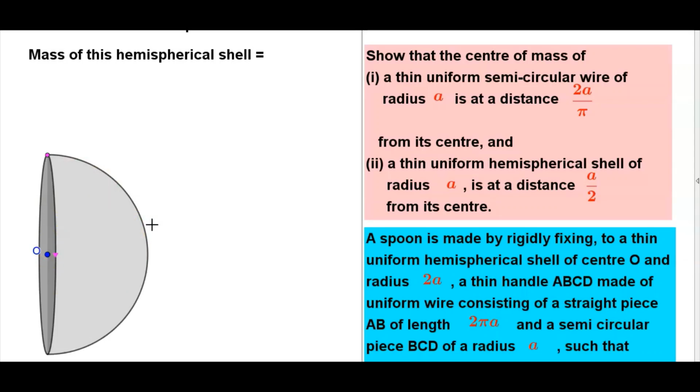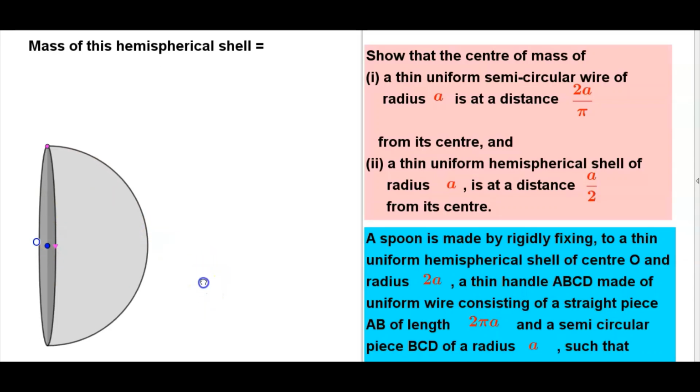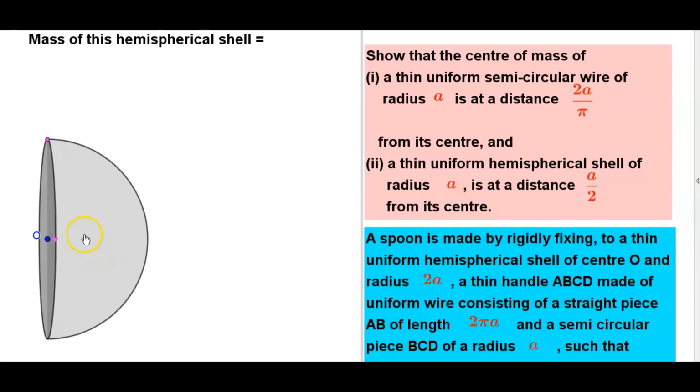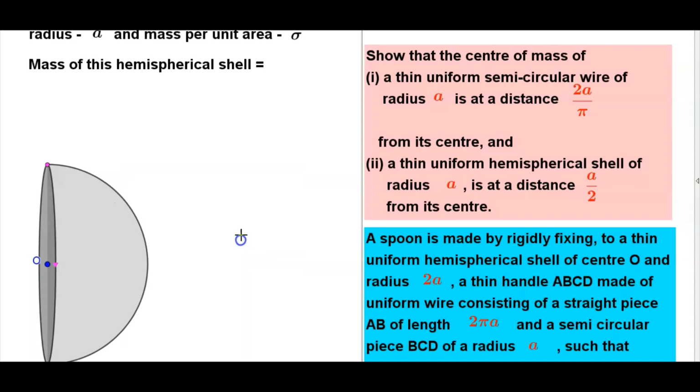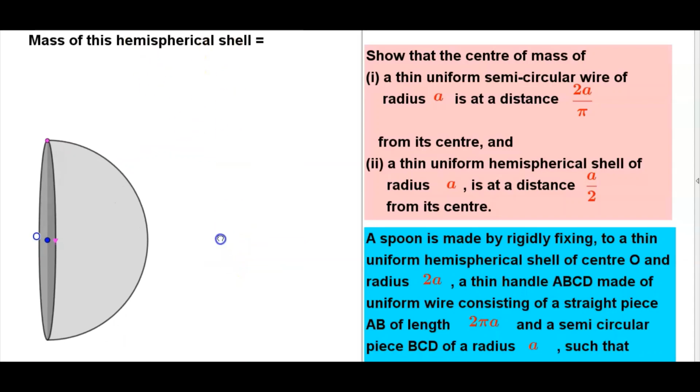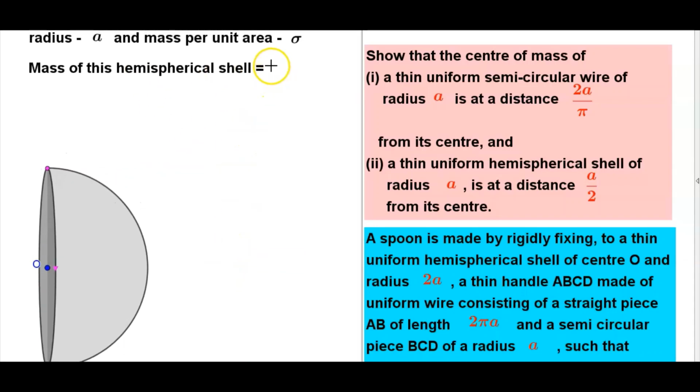For a full sphere, that is 4 pi r squared. This is a hemisphere, therefore the curved surface is 2 pi a squared. When multiplied by sigma, that is the mass of this hemispherical shell, 2 pi a squared into sigma.